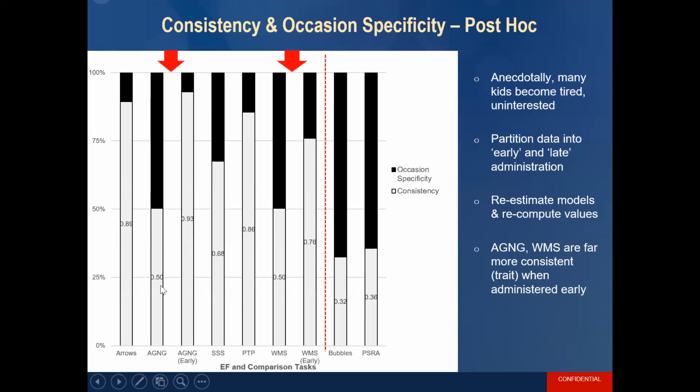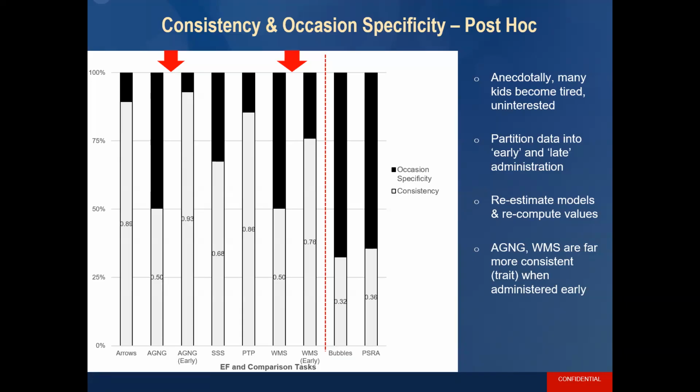So the apparent 50% consistency in animal go, no-go climbed up to 93% when that task is administered early in the assessment period. Right? It's a whopping difference. It suggests when you experience animal go, no-go early on and you're fresh, there's a lot of sort of trait-like contribution to that performance.